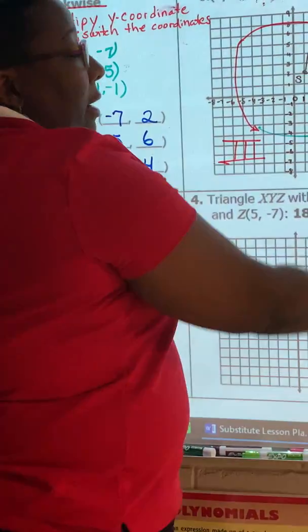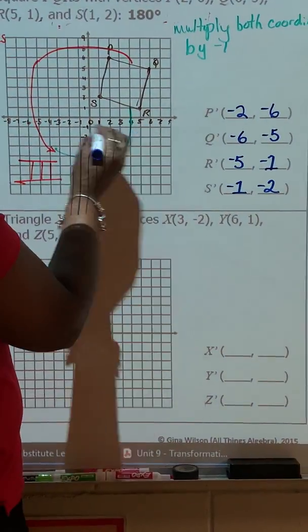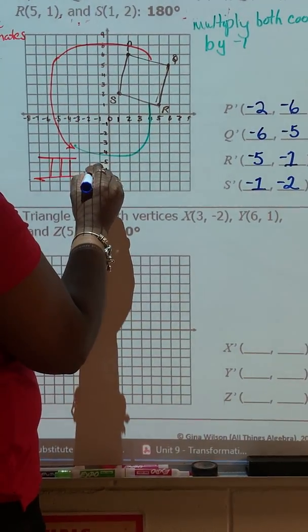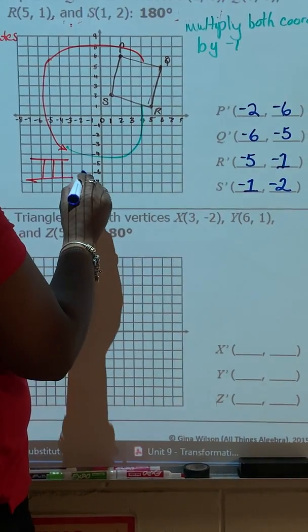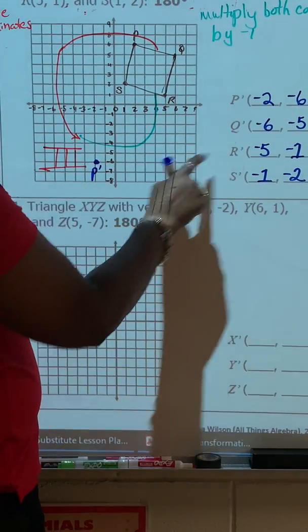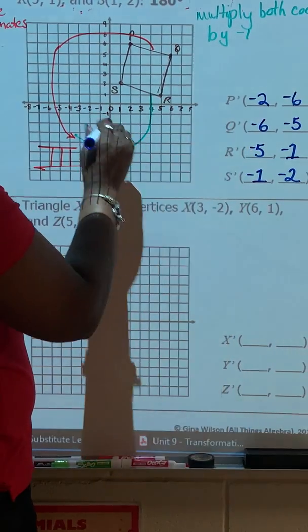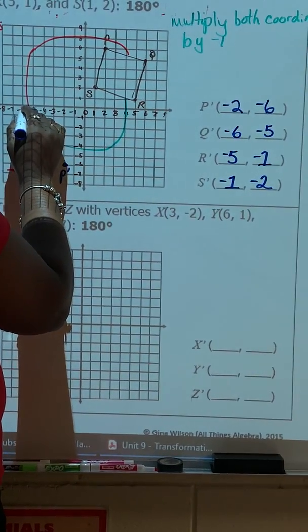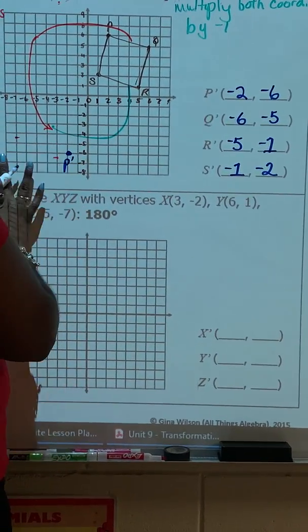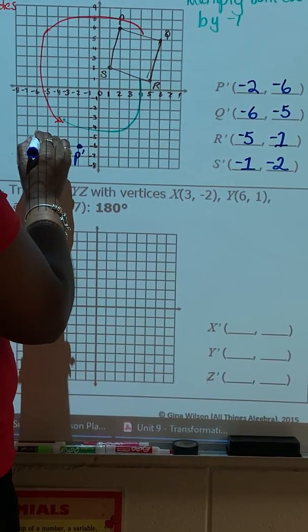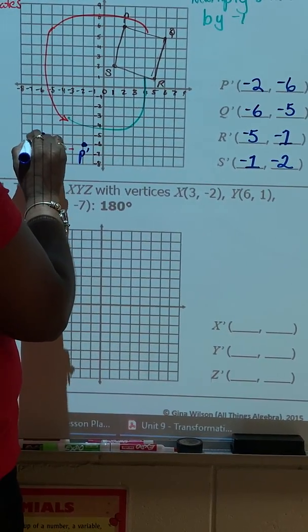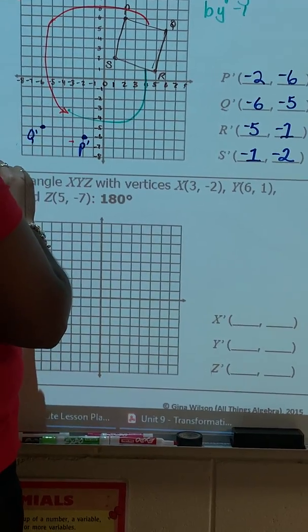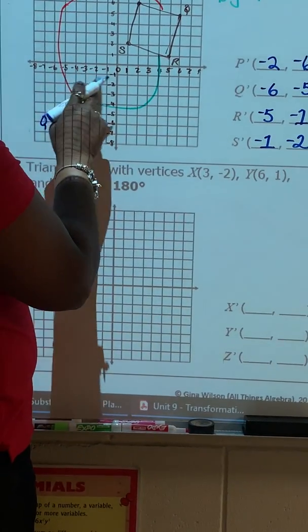So now let's graph our new image. -2, -6. And that's P prime. Q prime is -6, -5. So I'm going to erase this. -6, come down to -5. It's Q prime.